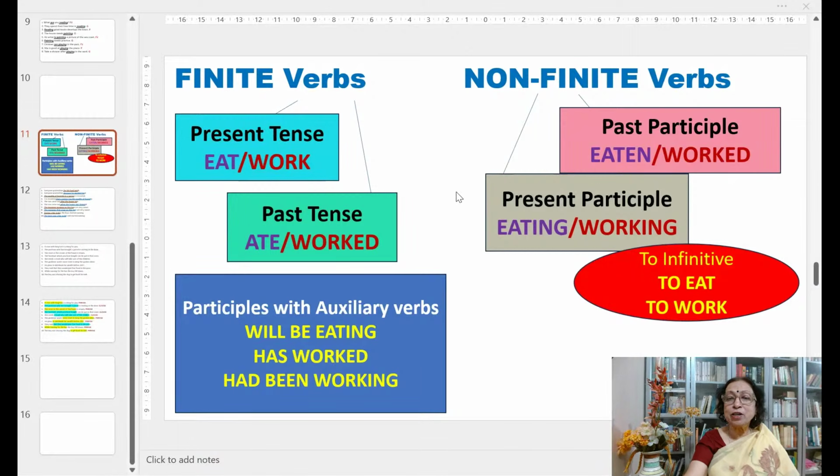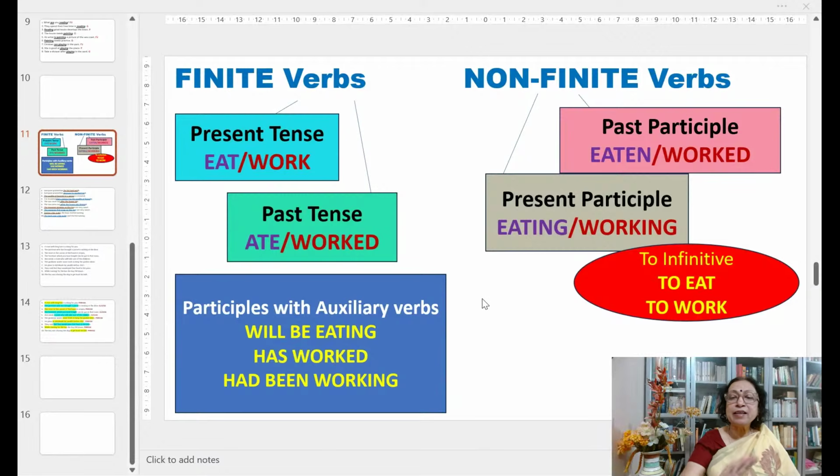But in a phrase, a verb can be there in the form of present participle or past participle. Today, unfortunately, these two got, past came first, present came later, but don't worry. Present participle, past participle, and infinitive, to plus verb, these are all not verbs unless they take a helping verb.